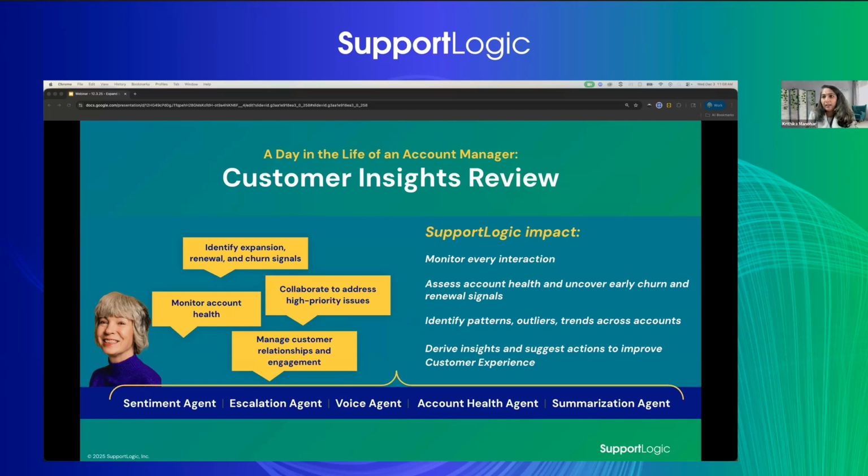We have a lot of ambient AI agents built that automate a lot of the mundane work for me by monitoring every interaction, assessing the health of the account, identifying patterns, outliers, and trends, and recommending insights that make my life much easier. Now let's go a little bit deeper to look at all of these AI agents that I'm referring to.